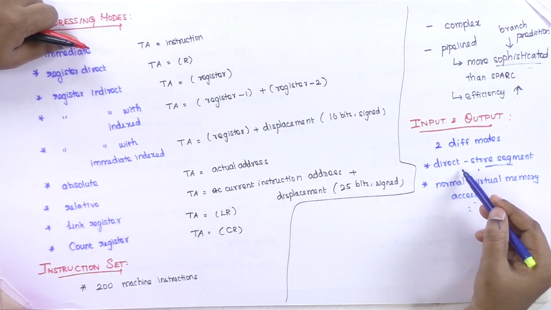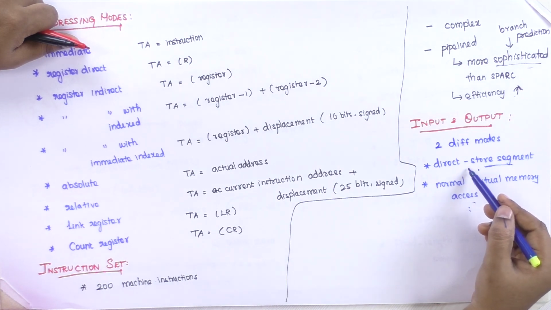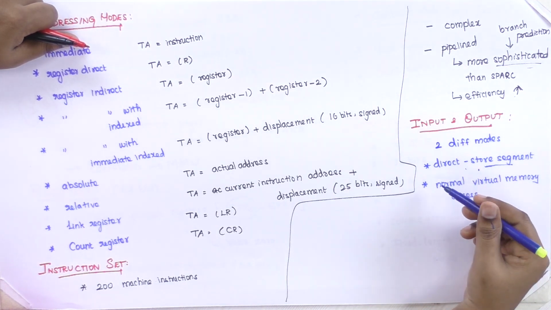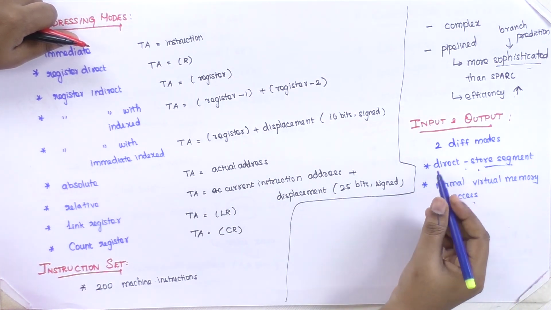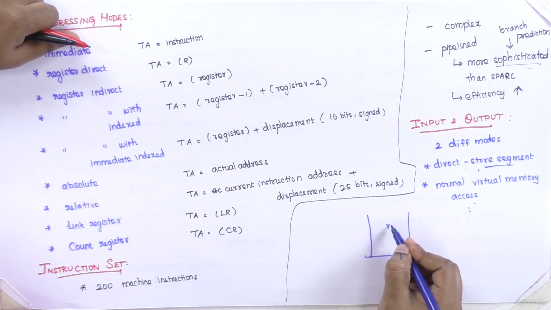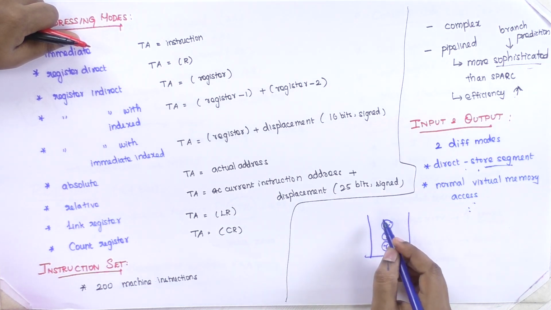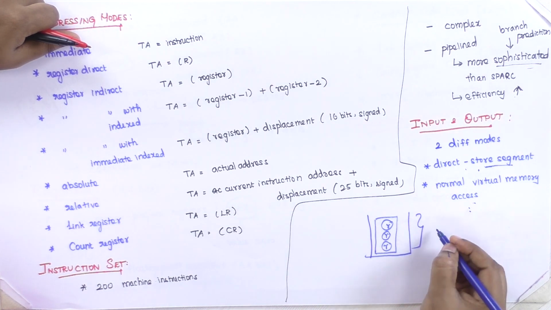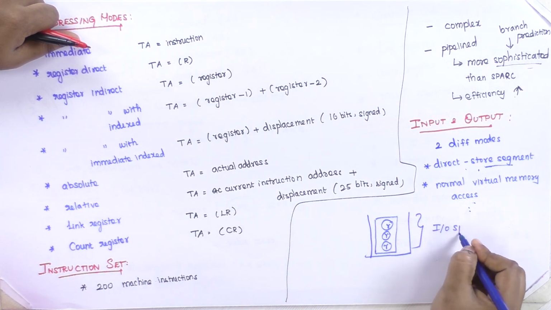If the address resides in our physical memory, then we go for direct store segments. We have seen in our previous architectures that in memory itself, we have certain registers to perform I/O operations, that is, a certain portion of our memory is allocated for performing I/O operations. That memory is called I/O space.